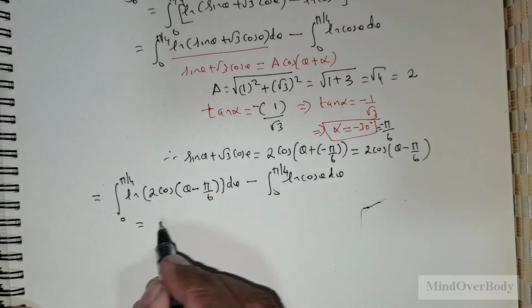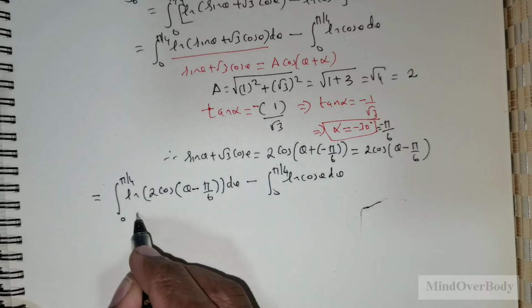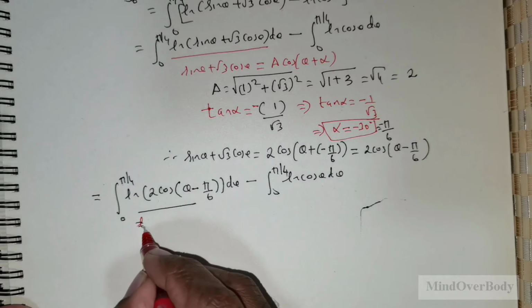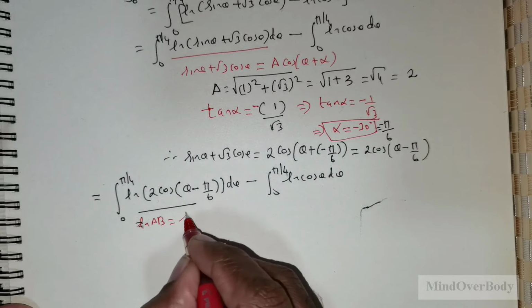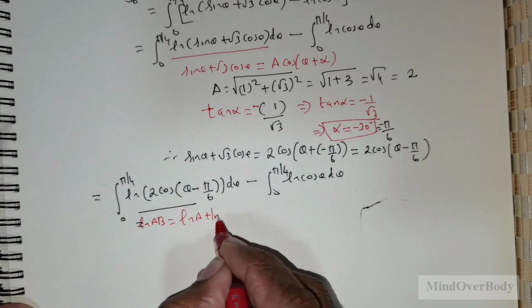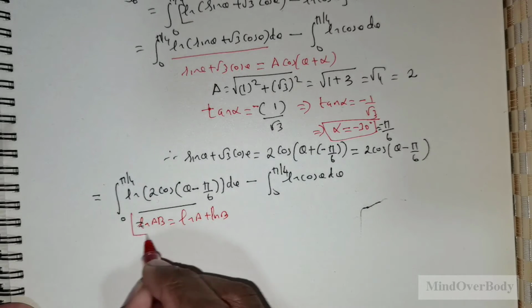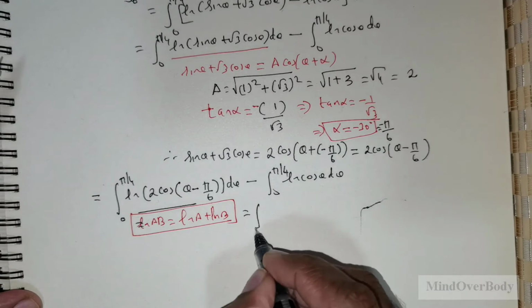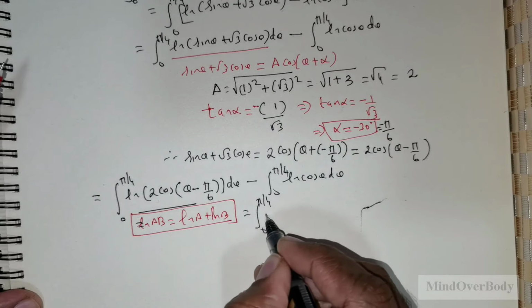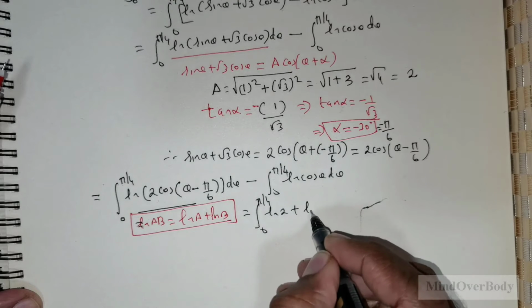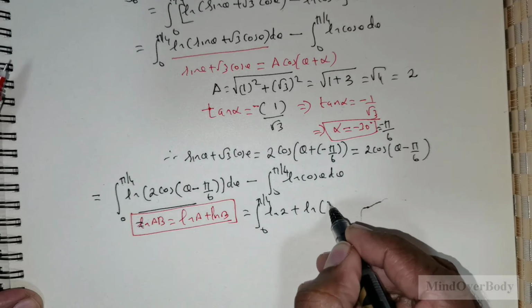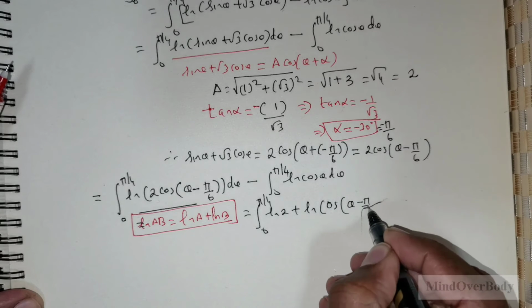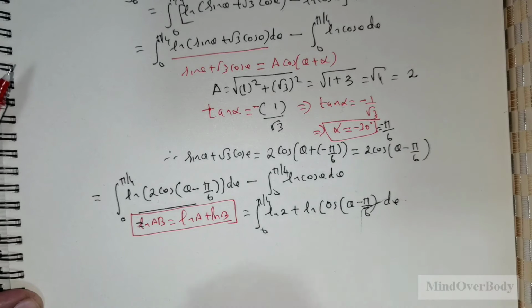Now this is nothing but ln of a times b, which is equal to ln a plus ln b. Okay, now using this formula I can rewrite this as integral 0 to pi over 4 ln 2 positive ln of cos of theta negative pi over 6 times d theta.